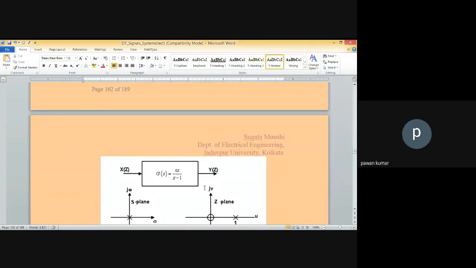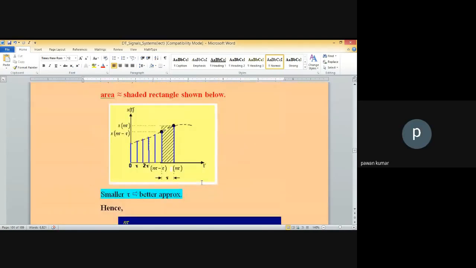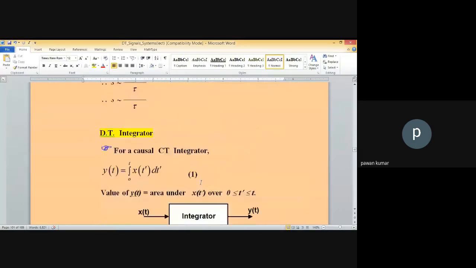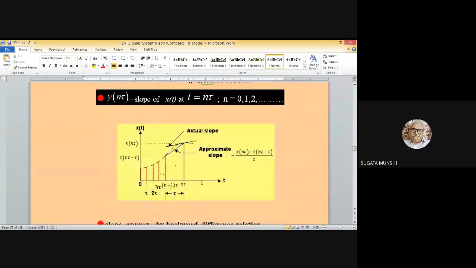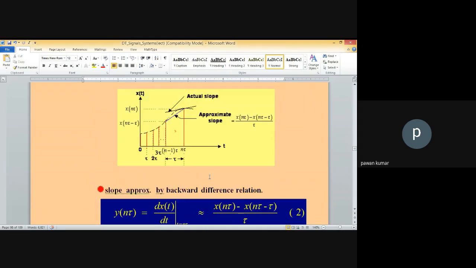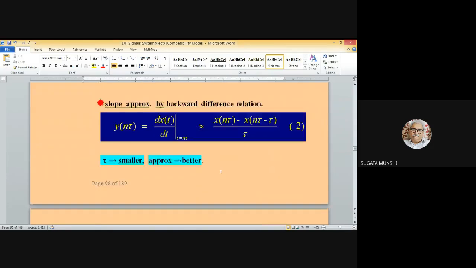Slope of xt, right? Sir, I have not got the expression of y and t. How you have written the equation 3. Yes, sir. Ynt is the derivative of xt at t equal to n tau.